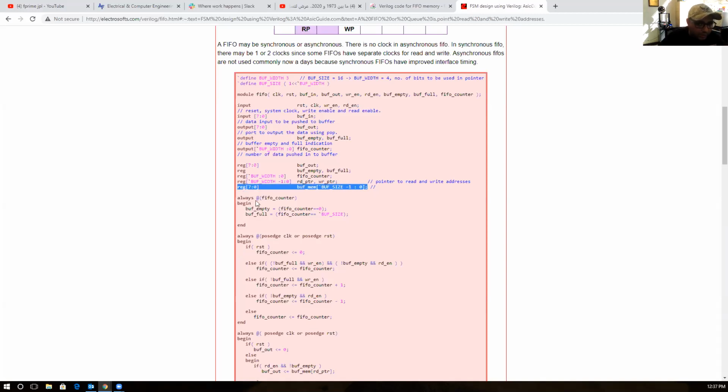Now, the step we did before in defining the memory block. Do you guys remember when we said, when we are defining the block, that it's called buff memory? And in this buff memory, every single row is 8-bit wide. How many of those are in this memory buffer? 16. That makes sense? Do you guys agree with me?